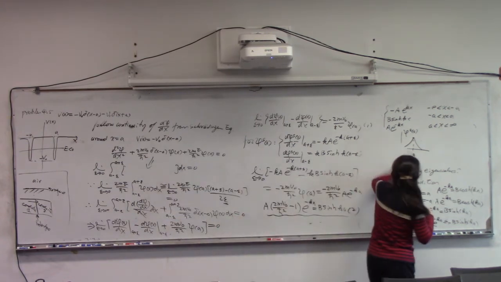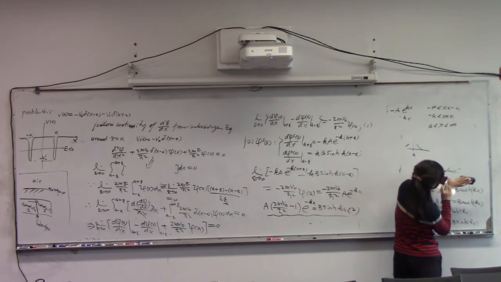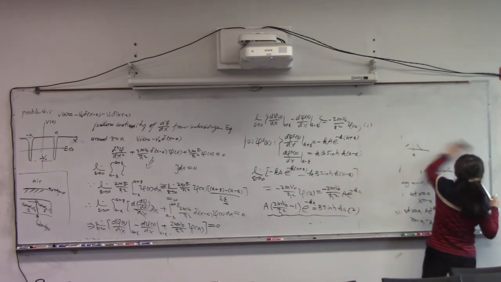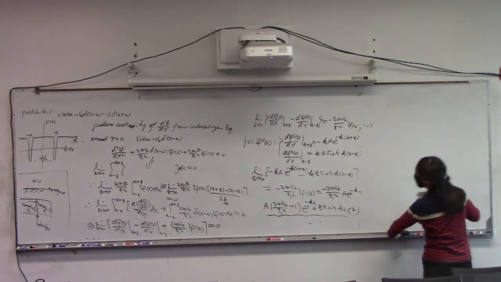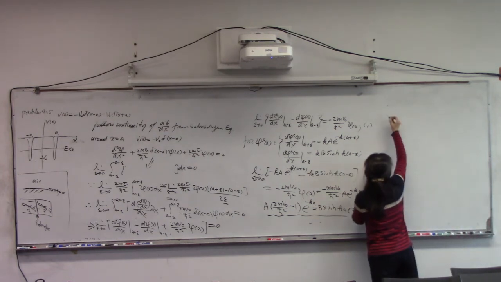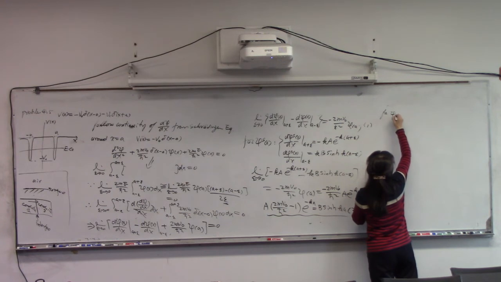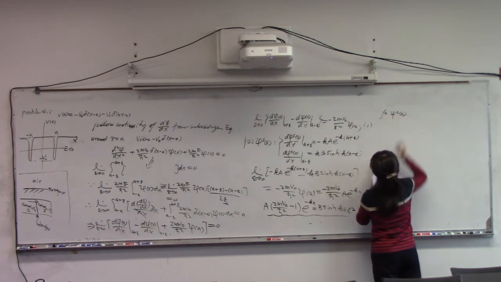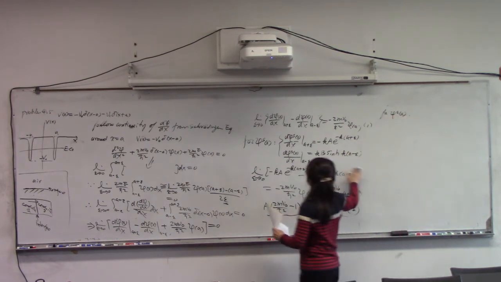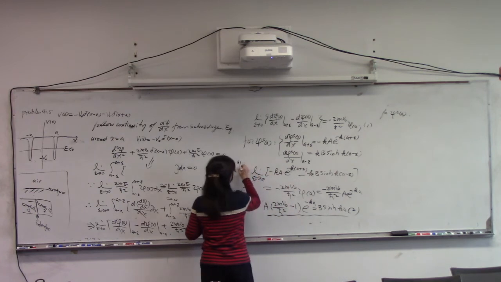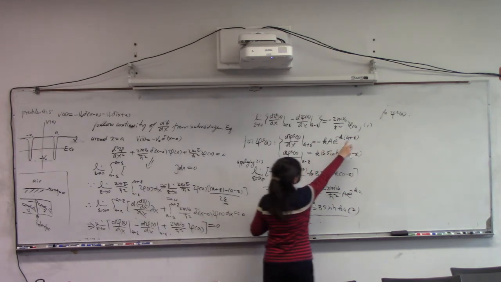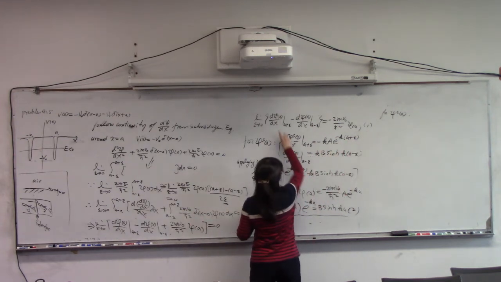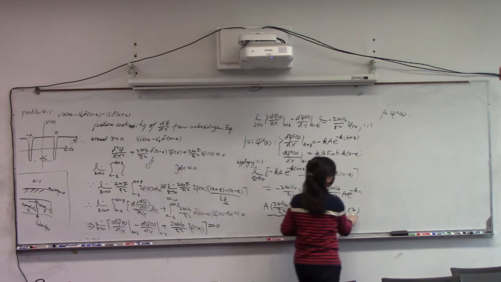For antisymmetric, similar things. Again, this is apply, you substitute into here, so then we got this, and you get 2.